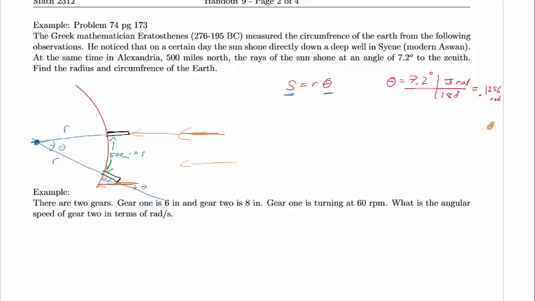Okay, so we've got that number there. And so now we're going to set this up for the radius. Radius equals S divided by theta. This simple calculation becomes 500 miles divided by 0.1256 radians. And when you run through that calculation, you get 3,980 miles.